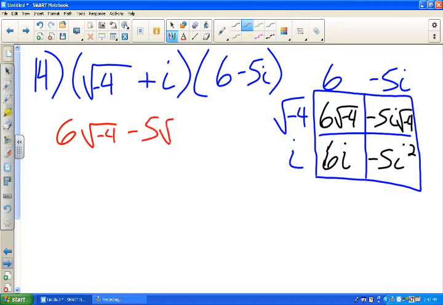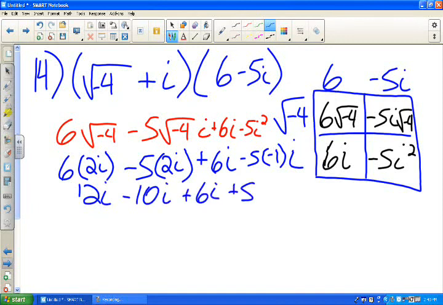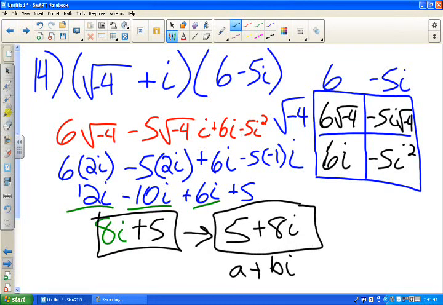So right now we have 6 root -4 minus 5 root -4i plus 6i minus 5i squared. Remembering our values for i and i squared and the negative root of -1, if we simplify, we end up with 5 plus 8i.